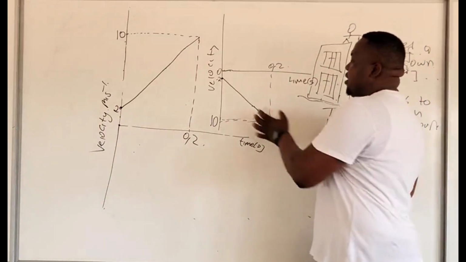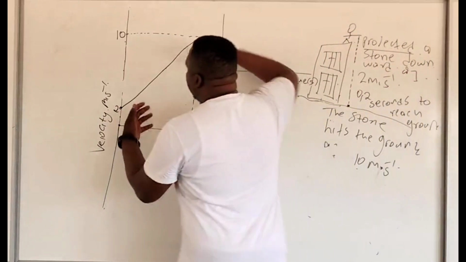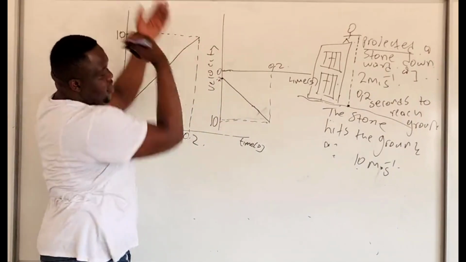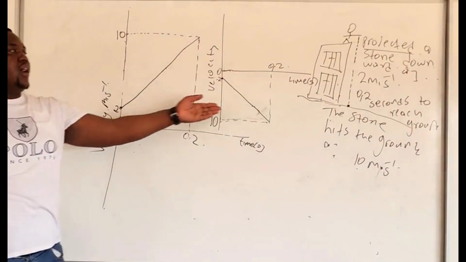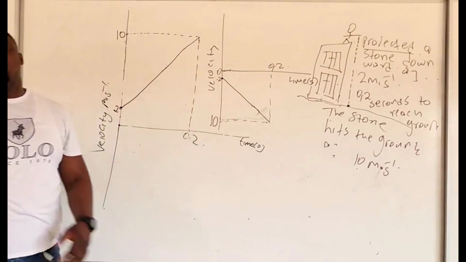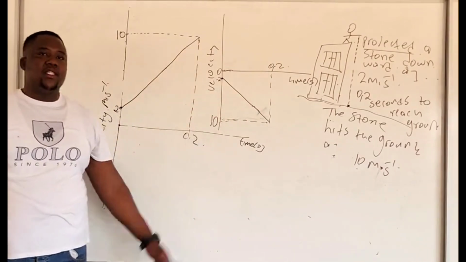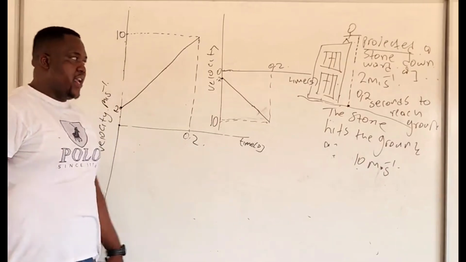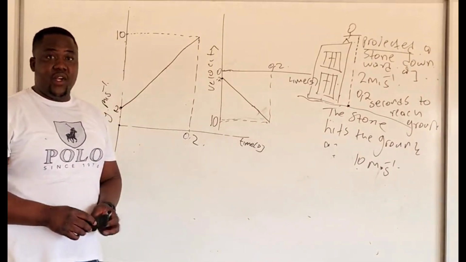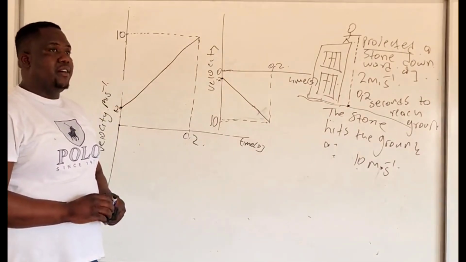So this and this are the same thing. Can you see that you just take this graph and turn it to look like this? These are the same thing, same scenario, same situation. Okay, so that's how we draw a velocity time graph.